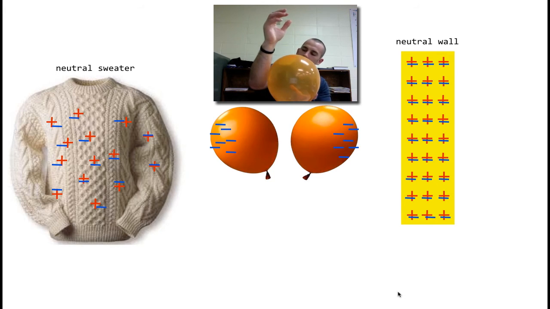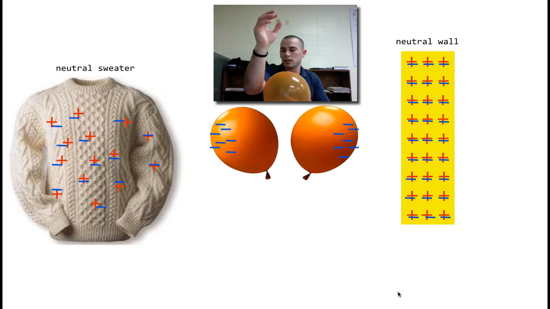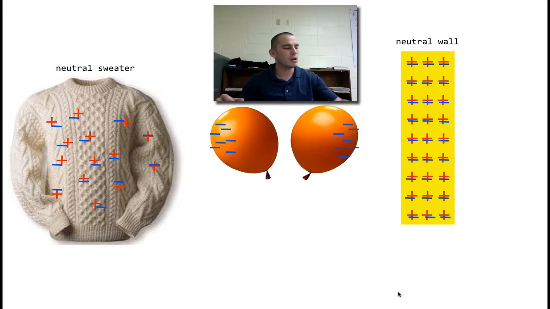But I can see the hairs moving up and down as I move that negatively charged balloon close to my arm here. Even though we have a negatively charged balloon now, the total net charge is still 0. What do I mean by that?